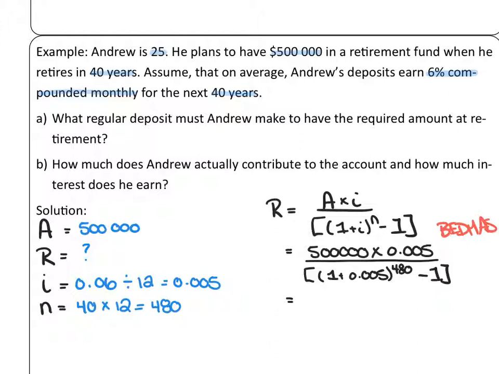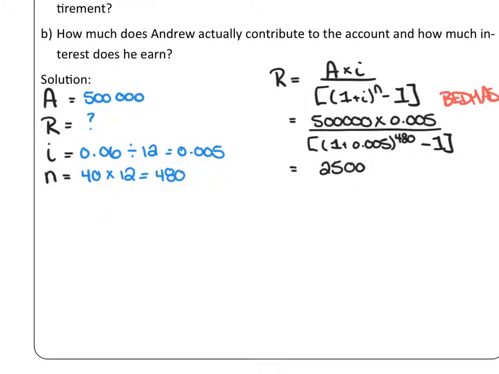So the top is really easy. 500,000 times 0.005, which is 2,500. I'm just going to move this up. All divided by 1.005 to the 480 minus 1.